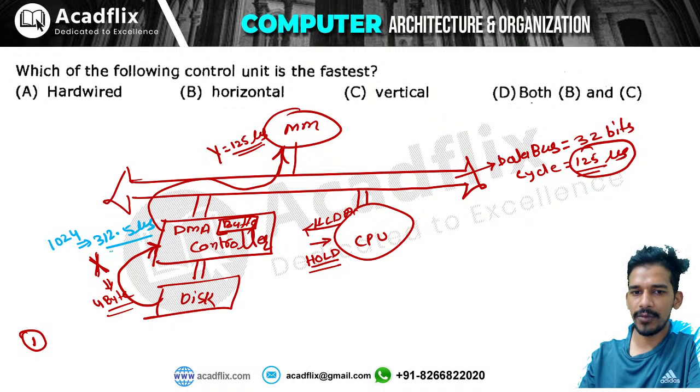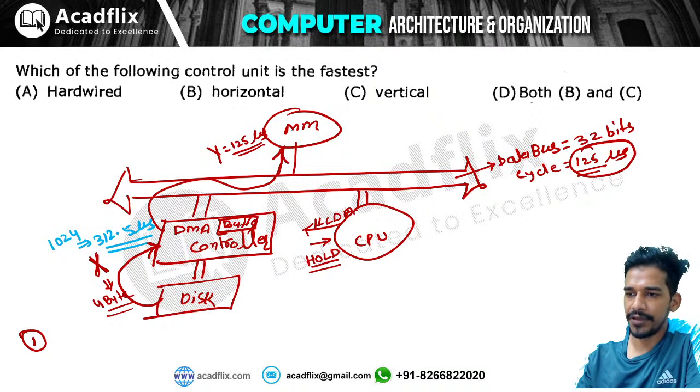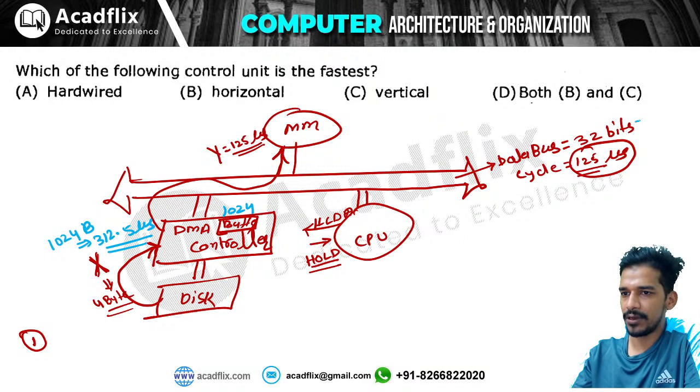Then how much time will it take to transfer 1024 bytes from DMA to main memory? Now these 1024 bytes are available in the buffer, and we have to transfer them into the main memory. Every time we can transfer only 4 bytes because the width of the data bus is only 32 bits.